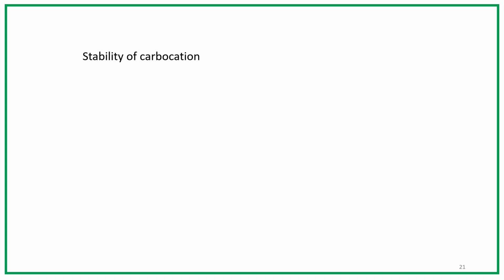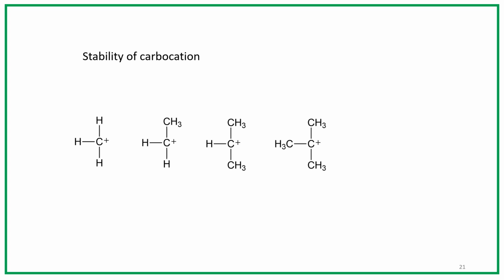Now let's study their stability according to the involvement of methyl groups. Let's consider these four carbocations. In these four carbocations, the right hand side carbocations have more methyl groups, but the left hand side carbocation has fewer methyl groups. It has no methyl group, only hydrogen.